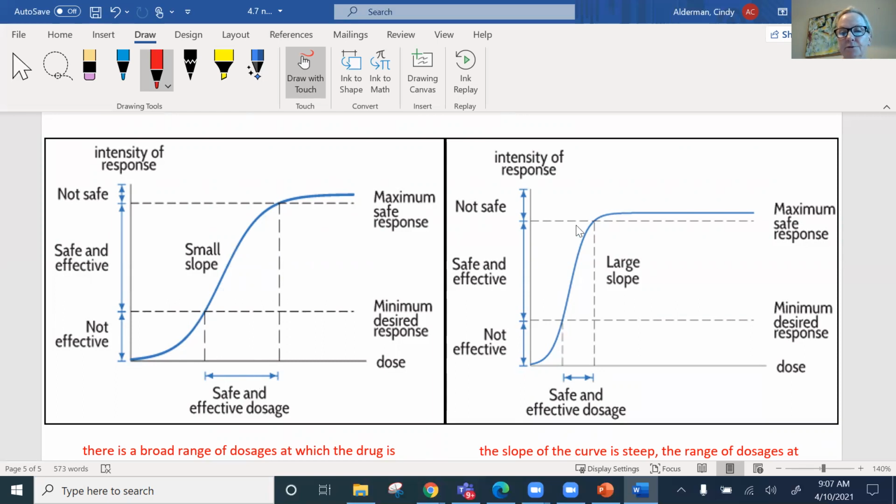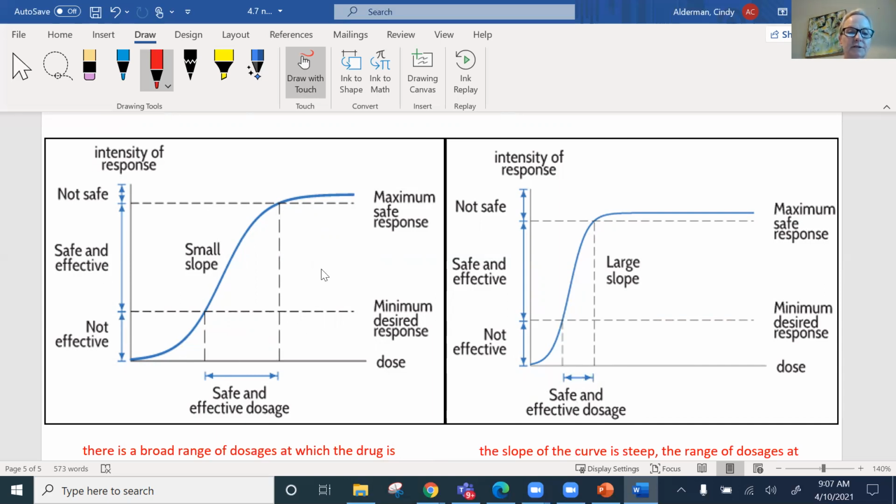if this is a steeper slope here, that means that it's getting to its capacity sooner, right? So it's a really steep thing. And notice that here, if we go from this point to this point with a steeper graph, the safe and effective dosage is smaller, right?